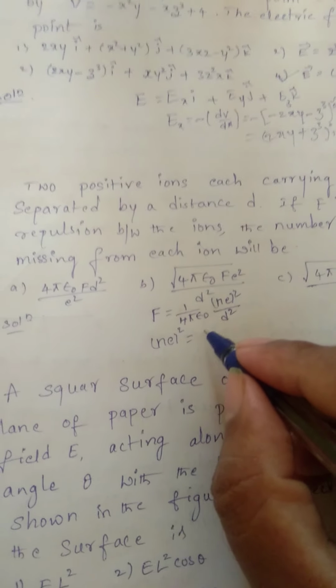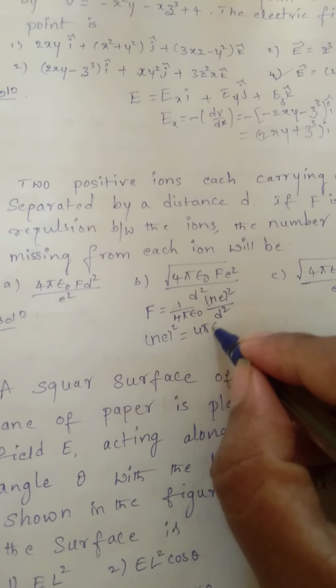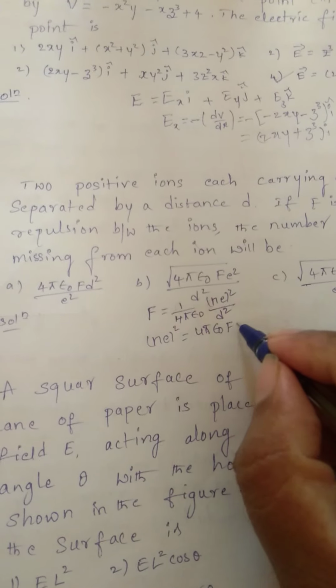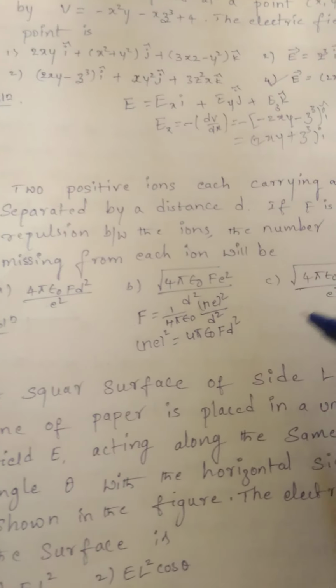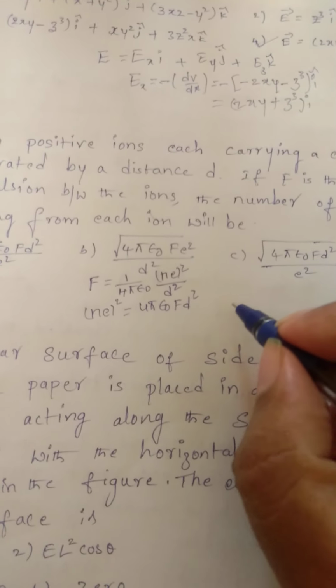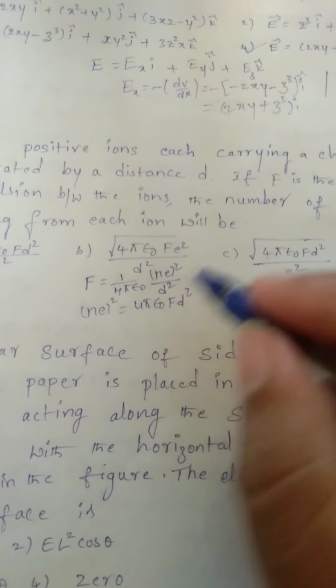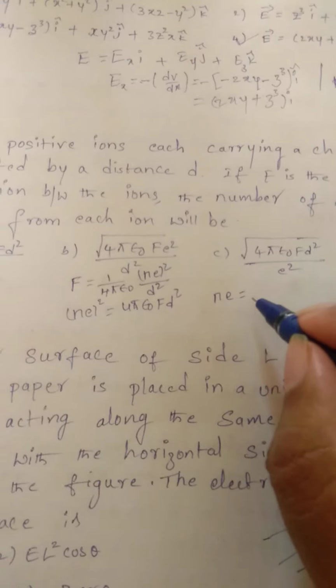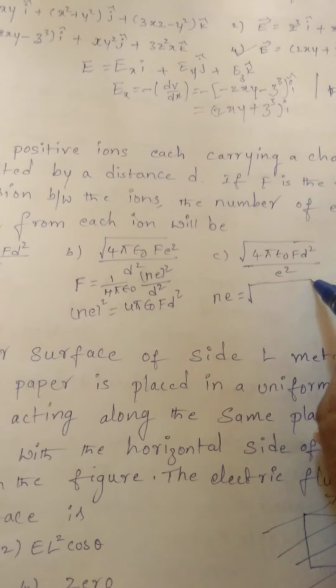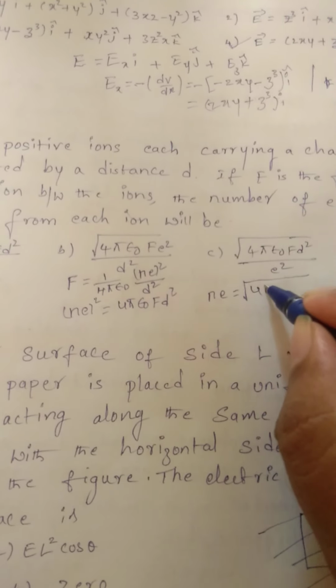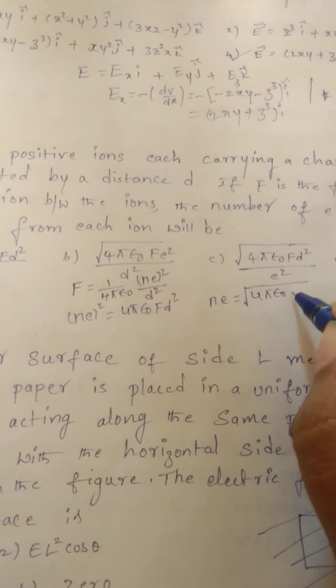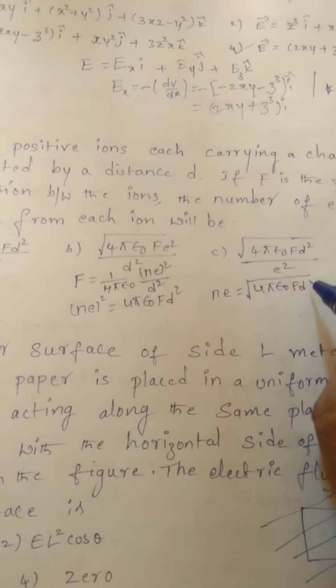That's 4 pi epsilon 0 F d square. If you want to know ne, you just take a square root on both sides. Ne is equal to square root of 4 pi epsilon 0 F d square.